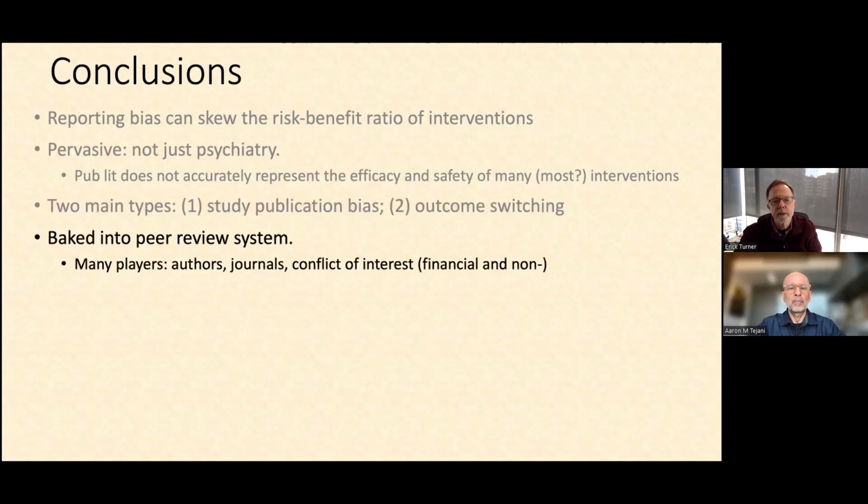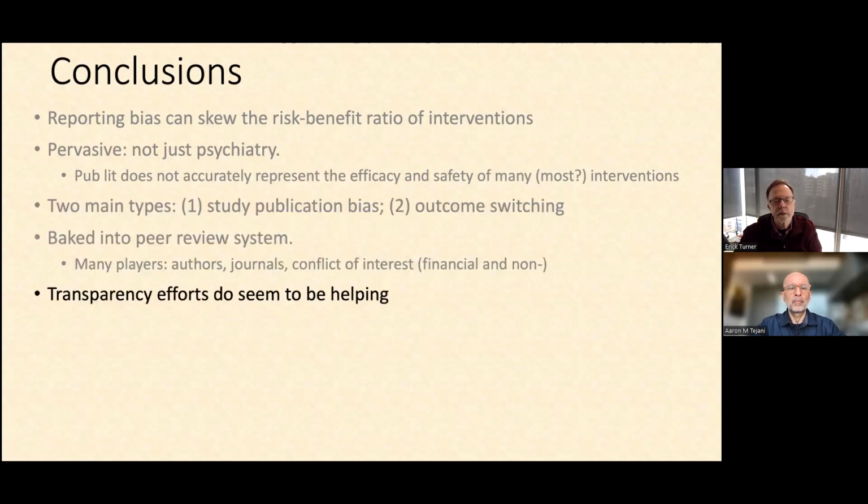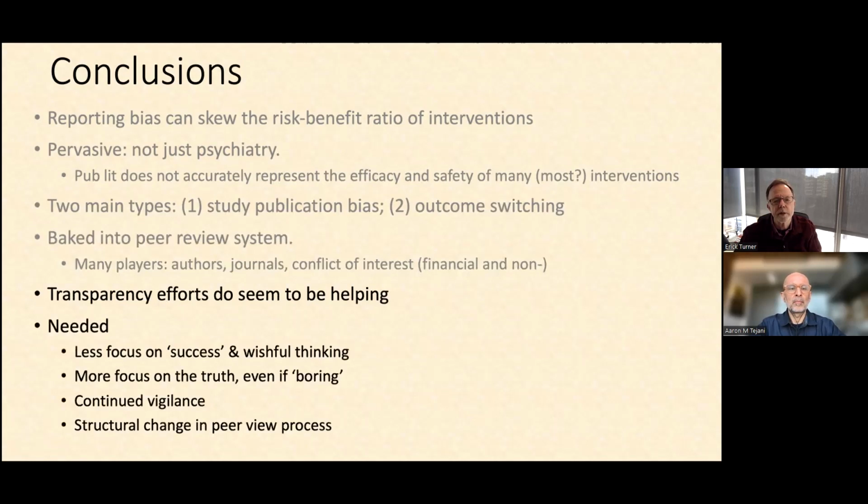It seems to be baked into the peer review system. Transparency efforts do seem to be helping, and we could use less focus on success and wishful thinking and more focus on the truth, even if it's boring. We do need to still be vigilant, and we need structural change in the peer review process. And that is it. Thank you very much.